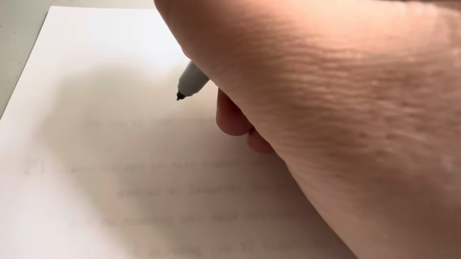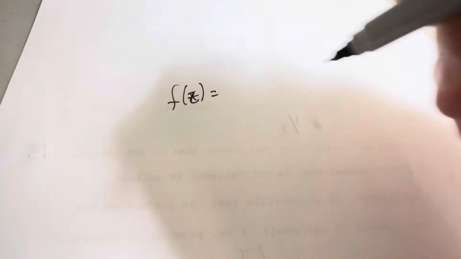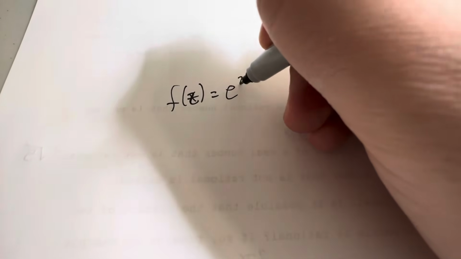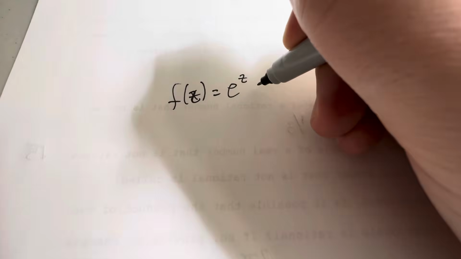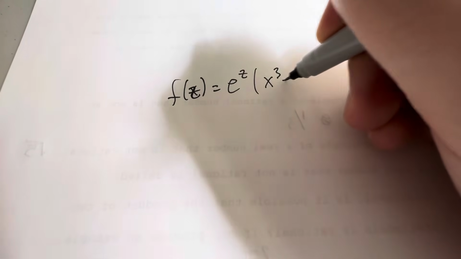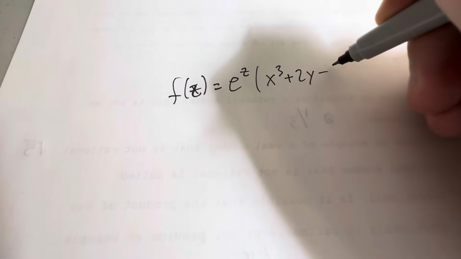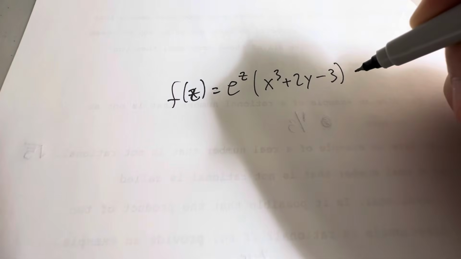Okay, so what's the example? Let's say that this is my function. I'm going to define something terrible, but not too terrible. What am I saying?